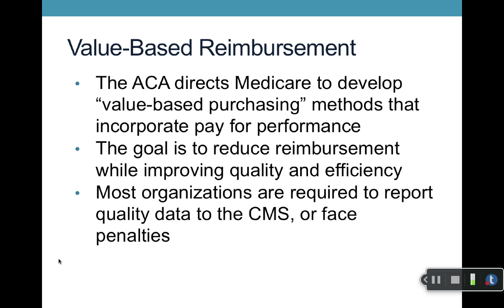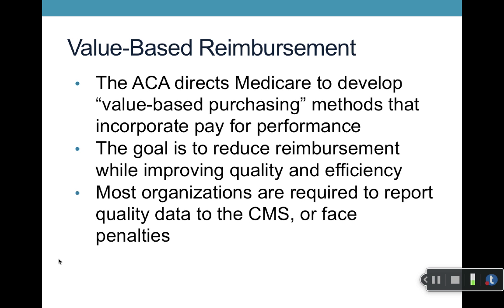So the goal is to reimburse less, to pay for fewer procedures, to incentivize people to provide care more efficiently, but also to improve quality and reward good performance. So most organizations are now required to report quality data to CMS, or they will face penalties, and based on that quality performance, they are reimbursed at either a higher or lower level for that performance. So this is how we got this sort of value-based purchasing model.